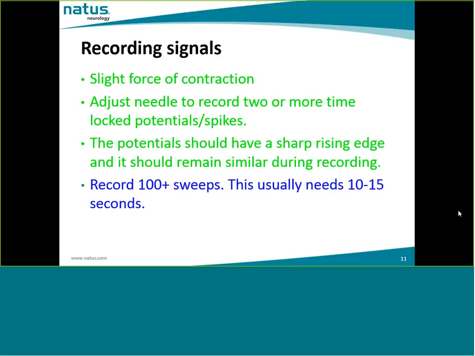My preference is about 150 sweeps. That gives me a sufficient number of action potentials for jitter analysis after excluding noise, interference, and artifacts. With a motor unit discharging at roughly 10 Hz, it usually takes 10 to 15 seconds to record the necessary number of sweeps.